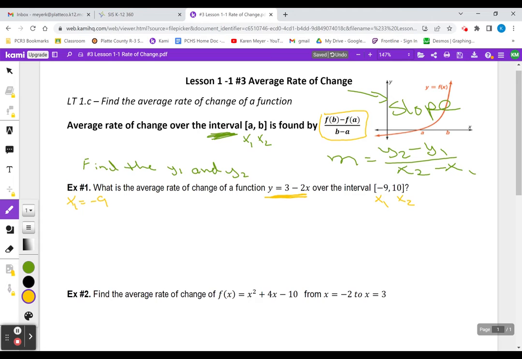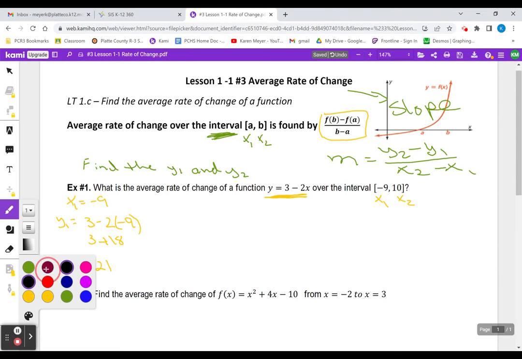And to find y1, what you have to do is take that x value and plug it into your equation and calculate it out. So for y1, I have 3 minus 2, but instead of x, substitute in x1, which is negative 9. So then if you work this out, you get 3 plus 18, and 3 plus 18 means y1 is 21.